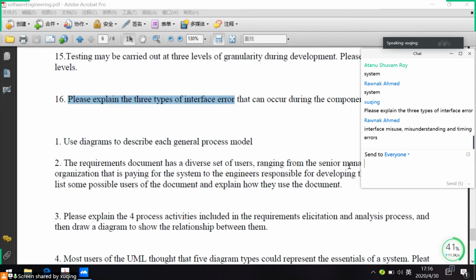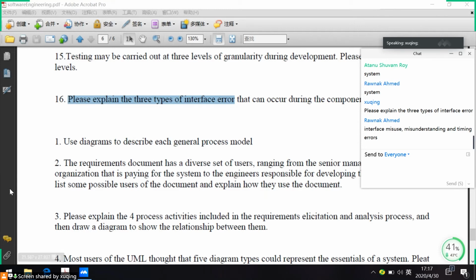Don't forget that if you have this kind of exercise during the exam, not only listing them like this, it's better that you give some explanation of each type. For example, for interface misuse, we can explain it: a calling component calls some other component and makes an error in the use of its interface.